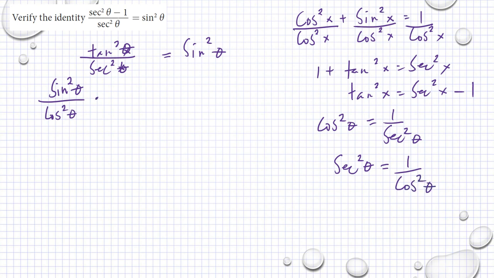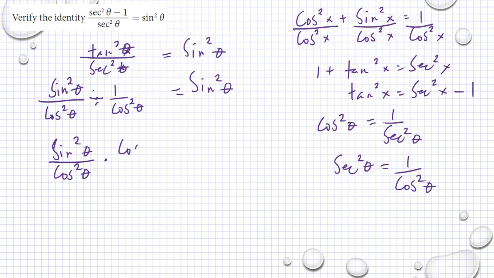That means we divide this by 1 divided by cosine squared theta. Now we have sine squared theta divided by cosine squared theta multiplied by cosine squared theta.